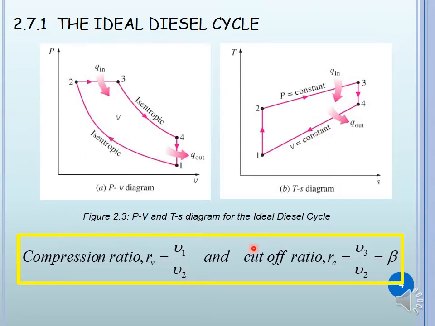But in the diesel cycle, we have another ratio. We call it the cut-off ratio, RC, which is the volume after the combustion process over the volume before the combustion process occurs. So it is V3 over V2.